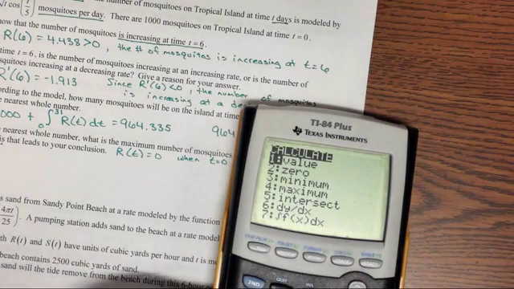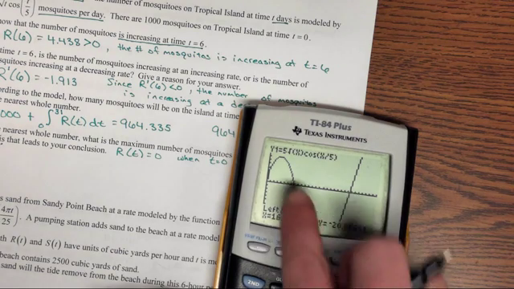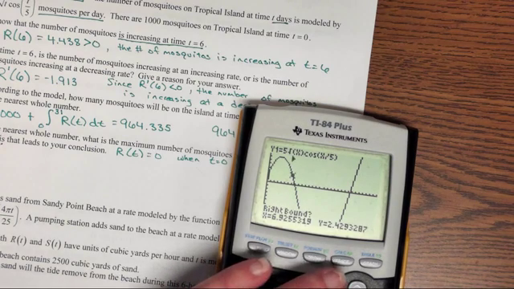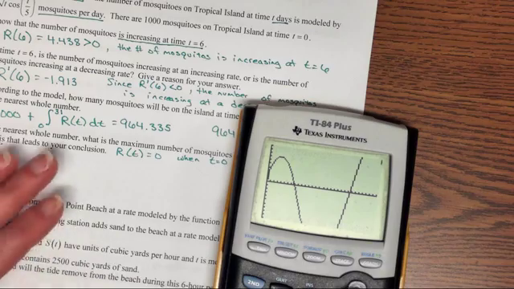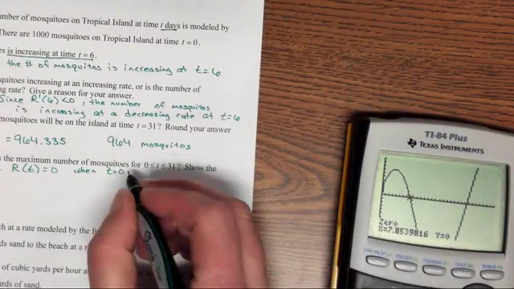So I need to figure out those two values of t. I can go second, calculate, 0. Where am I at? I wanted to go between there and there, so I need to find my little cursor. There he is. So I need to go between here and there, and I get 7.854.